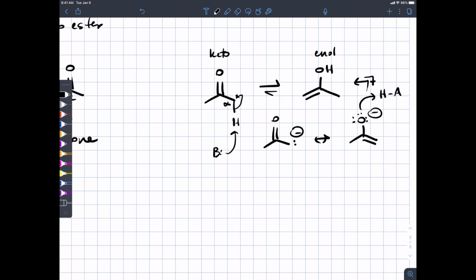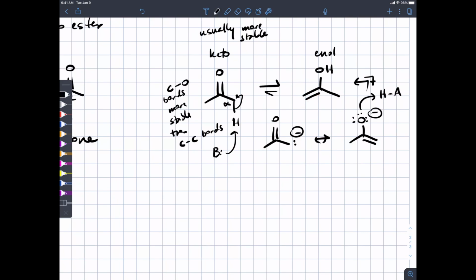And in general, the keto form is usually more stable. That is because carbon-oxygen bonds are more stable than carbon-carbon bonds. So it's better to have a carbon-oxygen pi bond than it is to have a carbon-carbon pi bond.